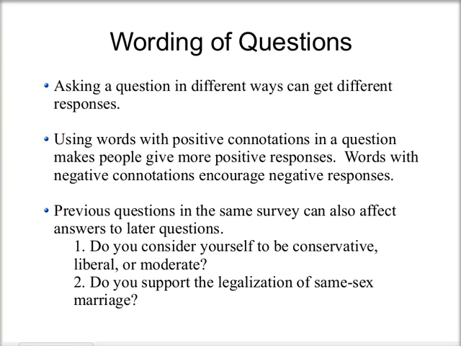The answer a person gives to the first question might have some influence on the answer they give to the second question. So if a person is undecided about same-sex marriage, but in the first question they identified themselves as either conservative or liberal, they may think, well, I've put myself in this box, so maybe I should be on this side of the issue, even though they're not really decided.